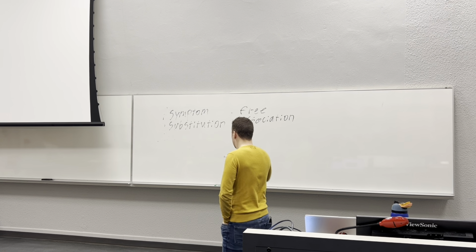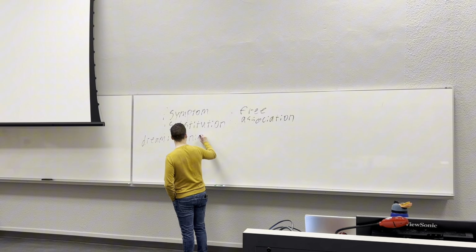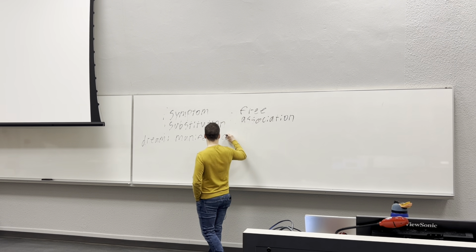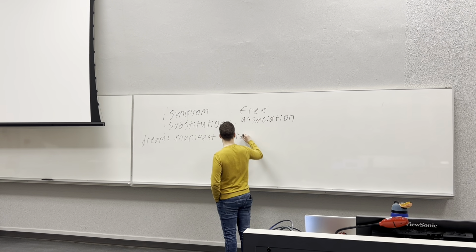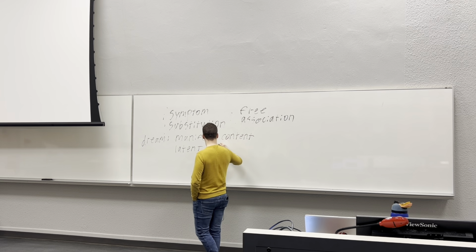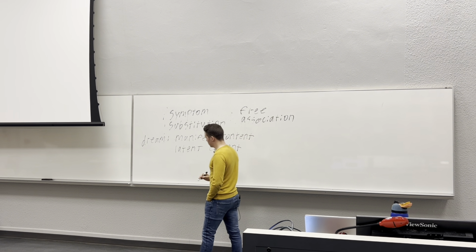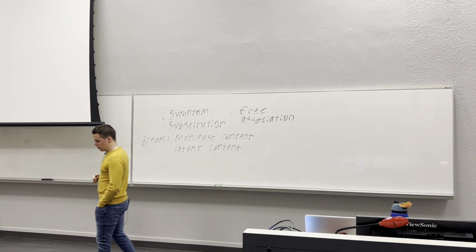Another method is dream analysis. We talked about this in 104. Freud thought that dreams had two sets of content: the manifest content and the latent content. Freud believed that during dreams, our tendency to engage in defense mechanisms and repression was decreased.